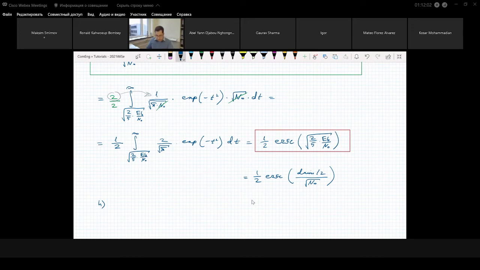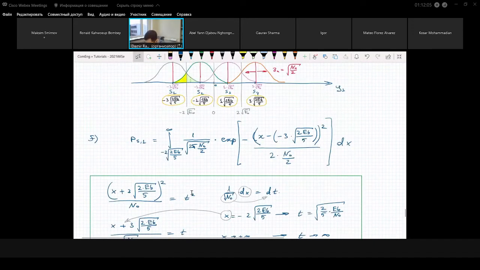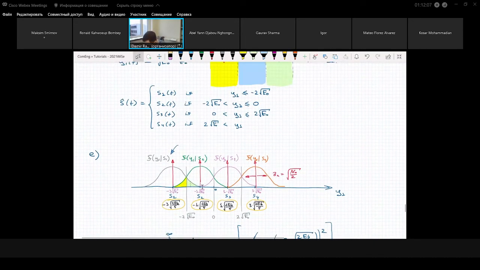Now we need to analyze. We have an interesting observation: when we transmit signal S1, you have only one possibility to make error, represented by this green tail. But if you transmit signal S2, you have two different possibilities to make error.